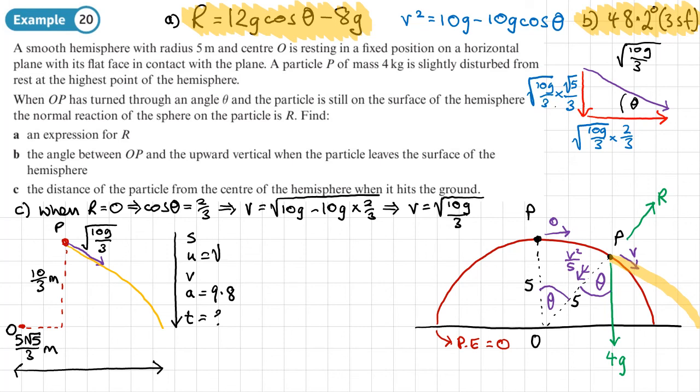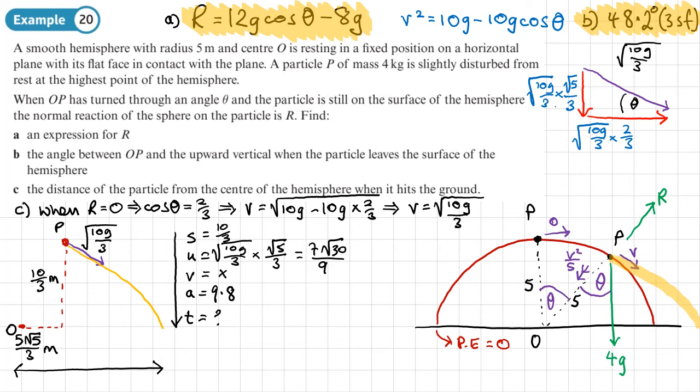So the square root of 10g over 3 times by root 5 over 3, and on our calculator, that simplifies to 7 root 30 over 9. That might be just easier to use. And S is going to be 10 over 3. And we're not concerned about V there.